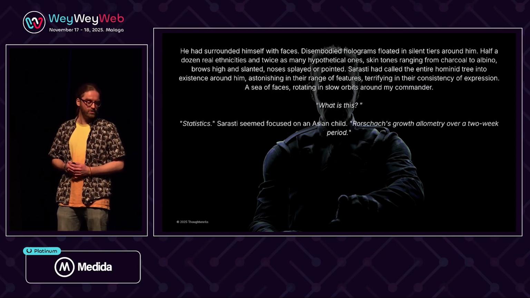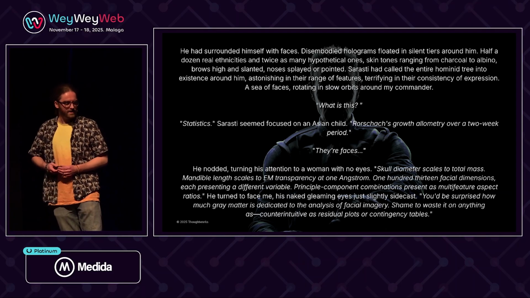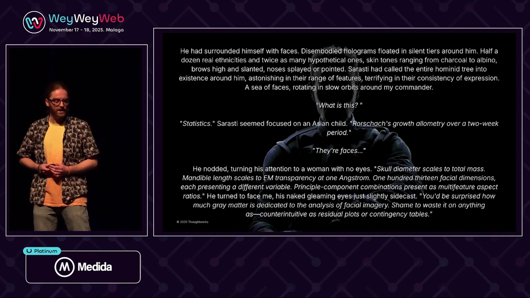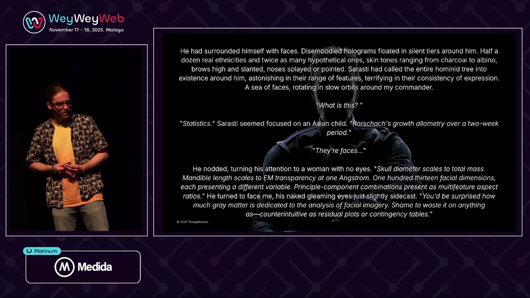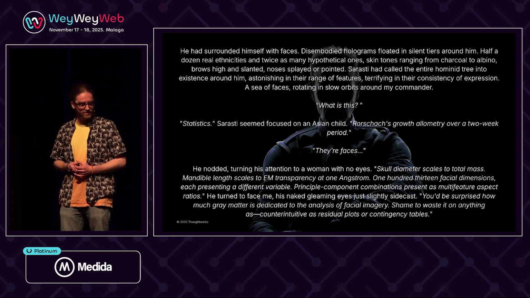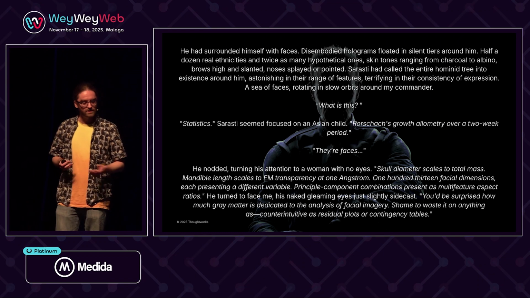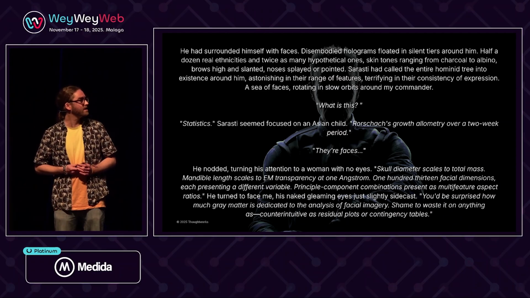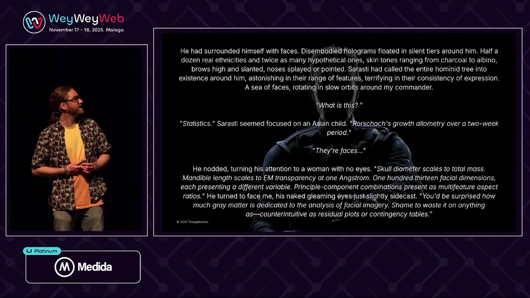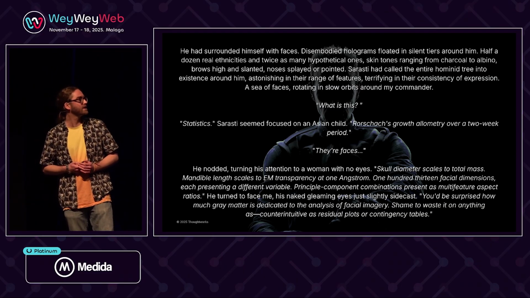Rorschach's growth allometry over a 2-week period. Their faces. He nodded, turning his attention to a woman with no eyes. Skull diameter scales to total mass. Mandible length scales to EM transparency at 1 angstrom. 113 facial dimensions, each presenting a different variable. Principal component combinations present as multi-feature aspect ratios. He turned to face me, his naked, gleaming eyes just slightly sidecast. You'd be surprised how much gray matter is dedicated to the analysis of facial imagery. Shame to waste it on anything as counterintuitive as residual plots or contingency tables.